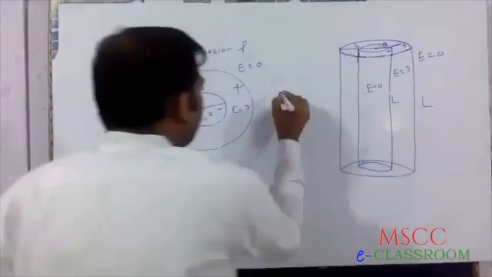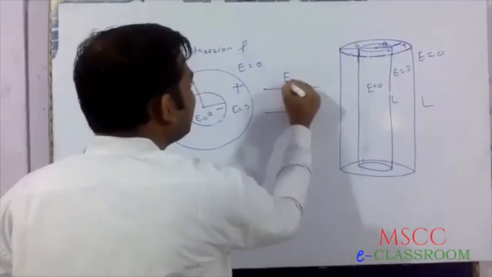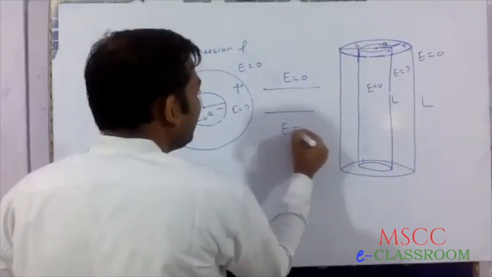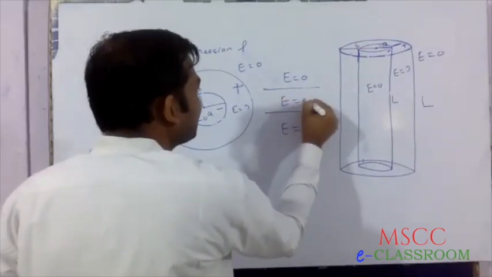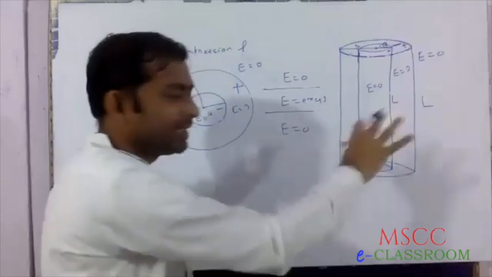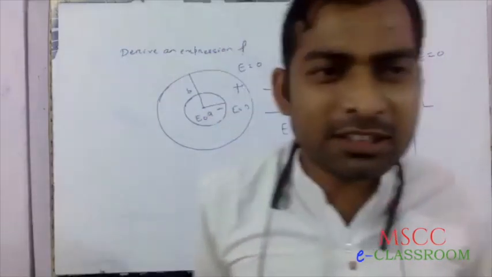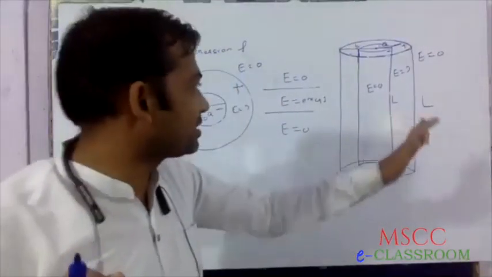In the case of a parallel plate capacitor, in the outer region E equals 0, and in the inner region E exists. Let us compare the three capacitors.